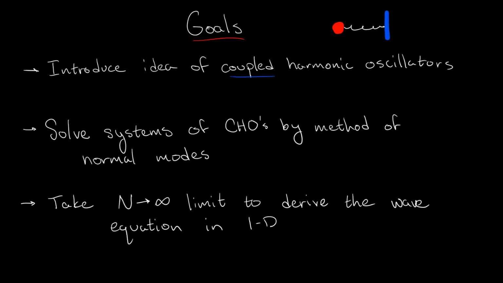And this mass goes back and forth, but something that we'll be talking about today is coupled harmonic oscillators. So as we'll see, maybe something where I'll have one mass connected to a spring, connected to another mass.